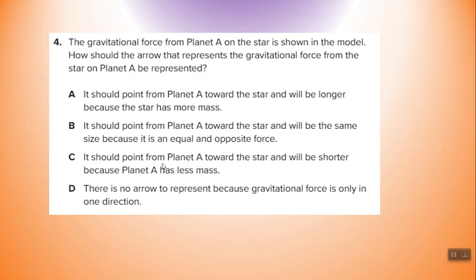C, it should point from planet A toward the star and will be shorter because planet A has less mass. D, there is no arrow to represent because the gravitational force is only in one direction. Thinking about the best answer, the correct answer for this question is B, because the gravitational forces between two objects are equal in magnitude but opposite in direction.